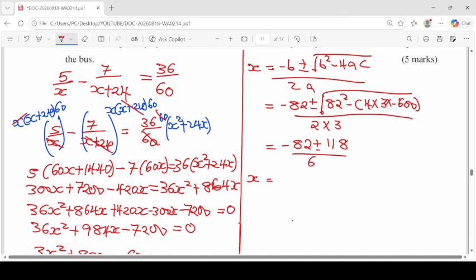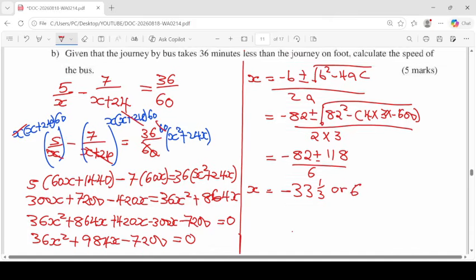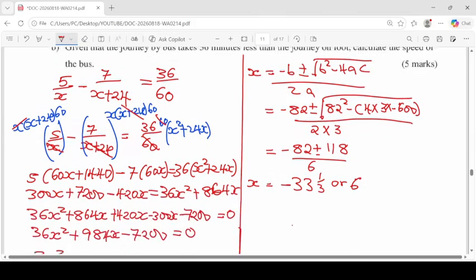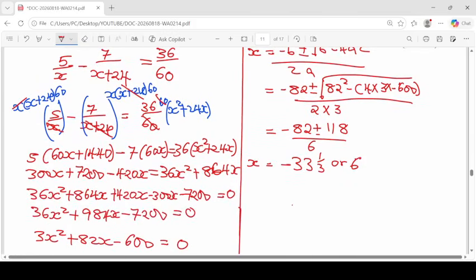This gives you negative 33 and a third, or in the next case is when you take negative 82 plus 118. I'm also computing from my end, then you divide by 6, you get 6. But because x was the speed while walking, we are going to ignore the negative one.